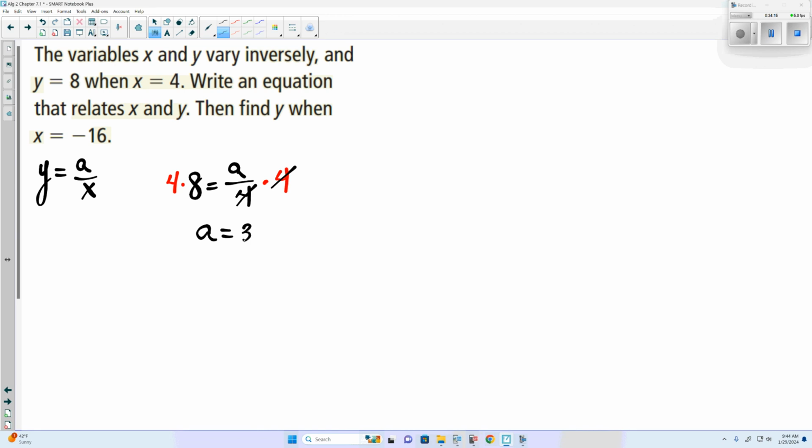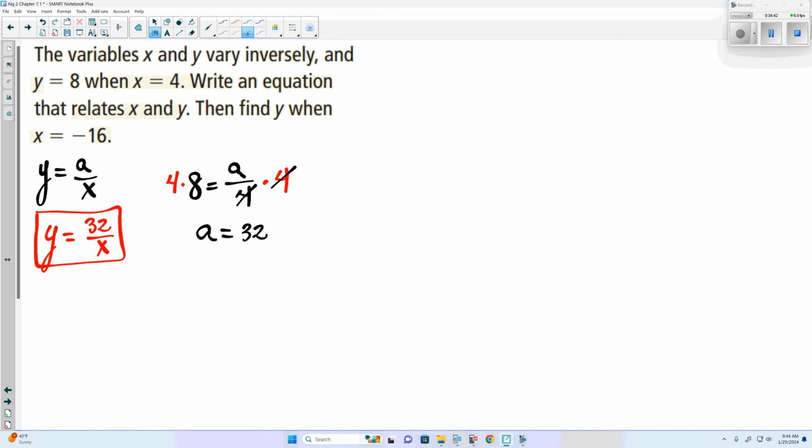And 4 times 8 is 32. Now our equation is y is equal to 32 over x. Questions on how we found the equation?